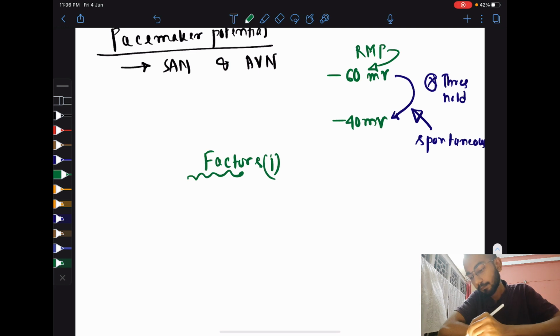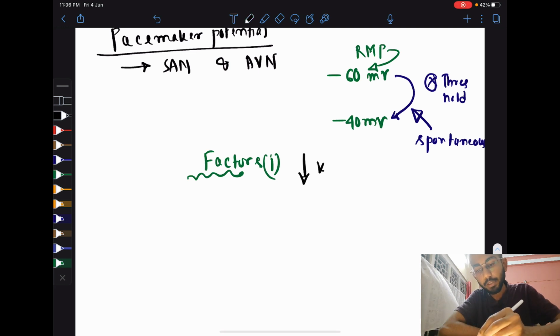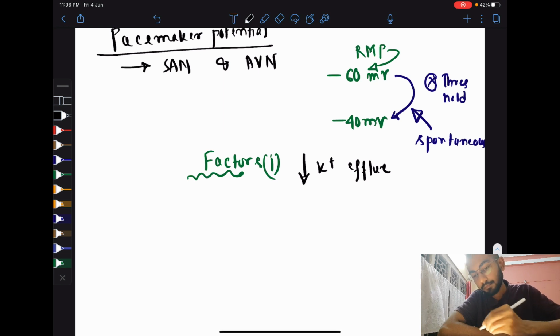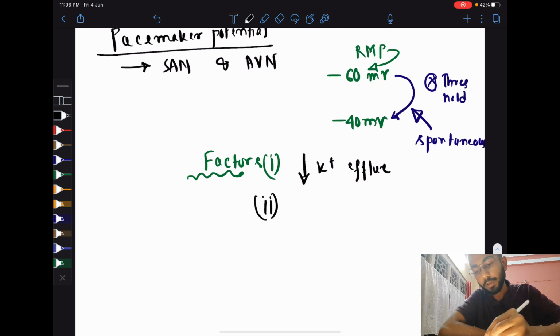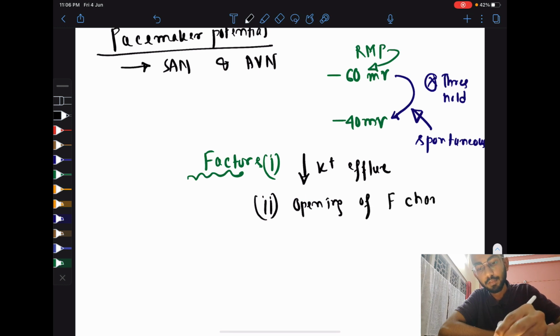Factors are: number 1, decreased potassium efflux; number 2, opening of F channels. F channels are also known as funny channels, right?